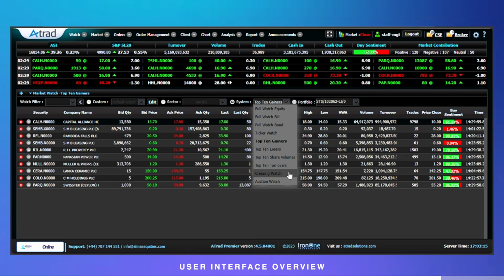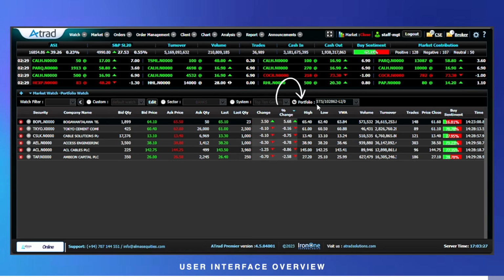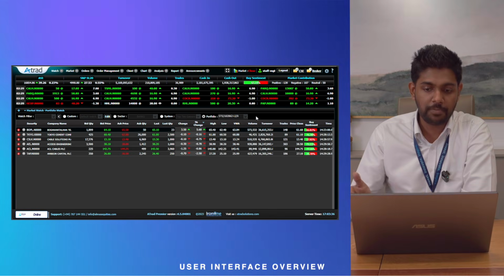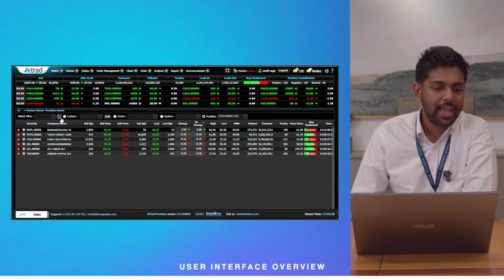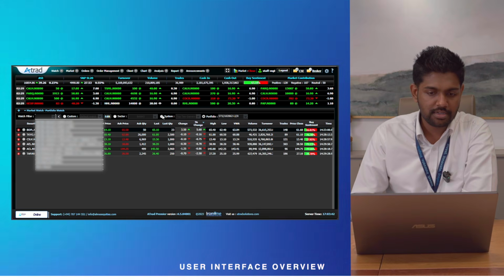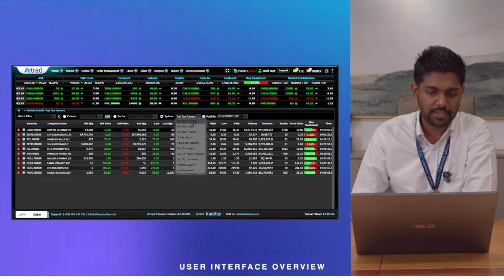Crossings are special transactions that happen off the floor of the Colombo Stock Exchange, which are negotiated transactions. We'll get into that later. And if you press this button, it will direct you to your portfolio, which is where your purchased stocks can be seen. And again, let's go to that full equity watch.